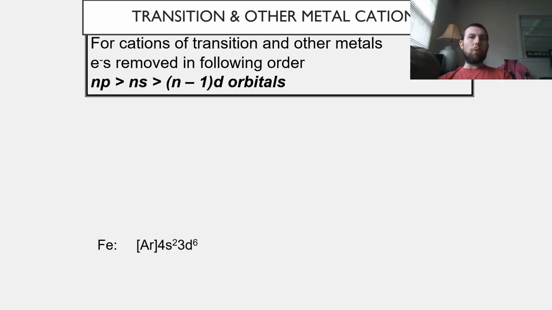Now, one ion of iron is going to be the 2+ ion. So if we're going to form iron 2+, where's the first place we're going to be removing electrons from? Hopefully, as you've thought about that question, you'd be able to answer that we're going to remove those electrons from the s orbital first.